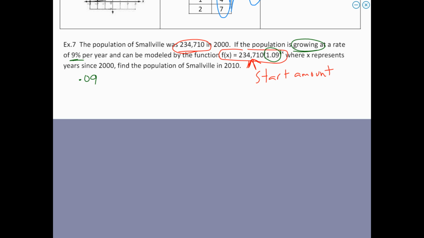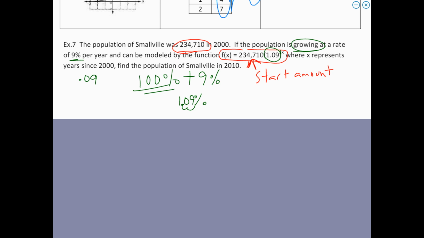No. So this 1 right there in front represents the 100% that we start with. Right? When you're talking about percent, you always have to start with the 100%. If it's growing, you add to that 100%. So 100% plus 9% gives me 109%. Okay, and then if I put it in decimal form, it's 1.09.